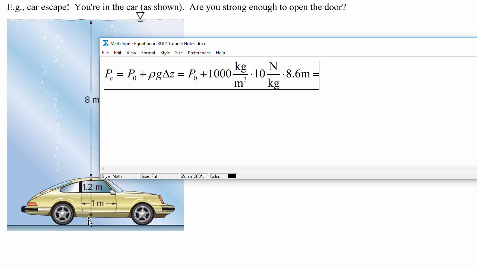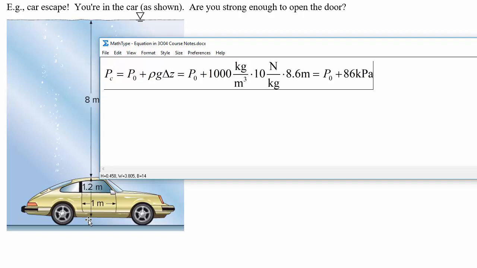So then we end up with P naught plus, we've got 10,000 times 8.6. That is 86 E3 or 86 kilo, and then what are the units? Newtons per meter squared we're going to be left with. That's good. Kilopascals. Great. All right.